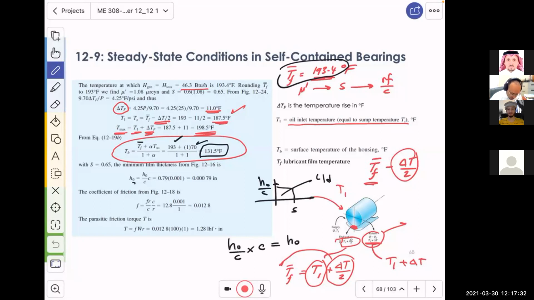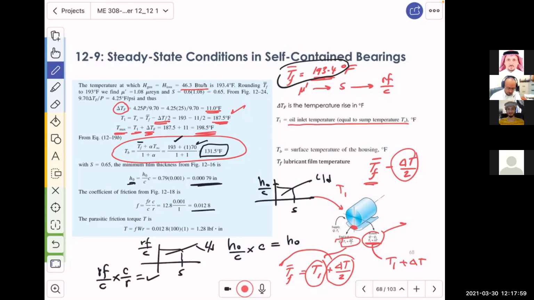It is H0, because the question was asking us for the minimum film thickness, which is H0. There it is. What is the friction? Again, we know the S number, we know L over D, so we can get RF over C, and then we multiply RF over C by C, divide by R, and we get F.